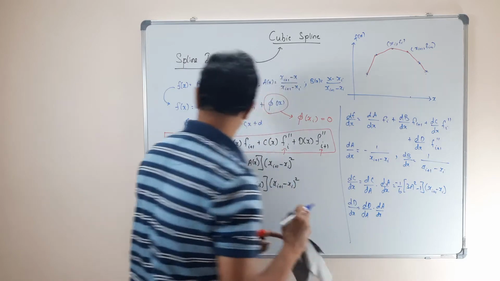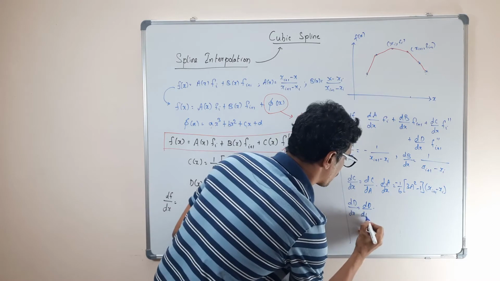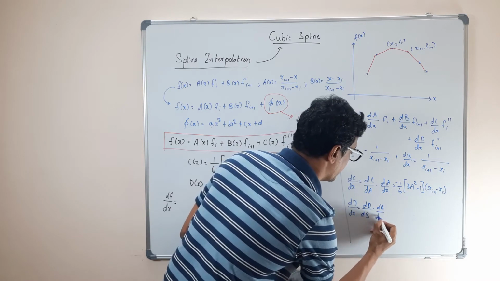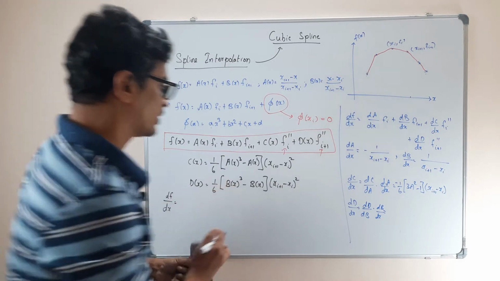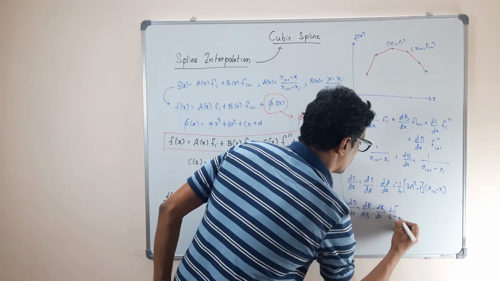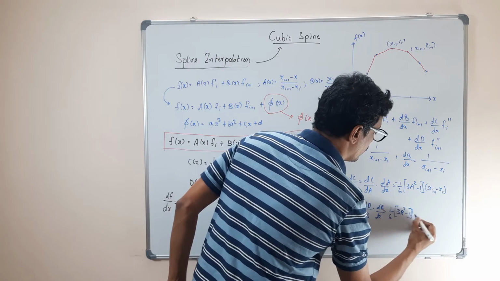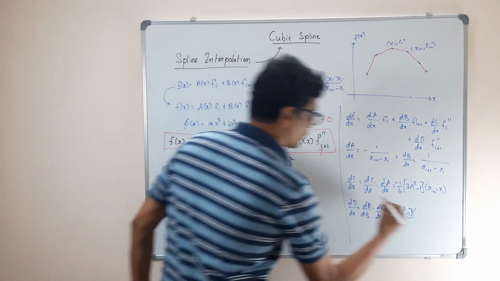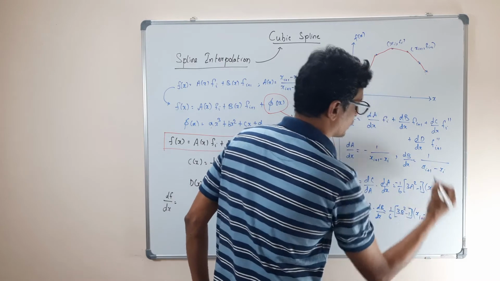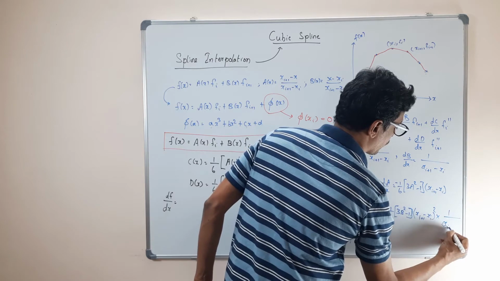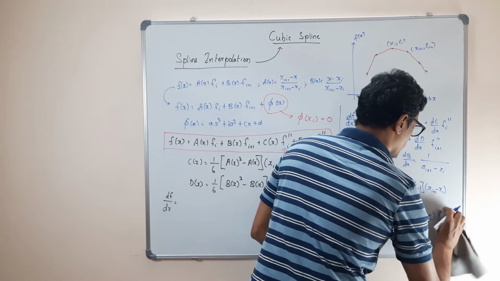Sorry, dB, D is a function of b. dD by dB into dB by dx, and dD by dB will be equal to 1 by 6 (3b square minus 1) into (xi plus 1 minus xi) whole square, into dB by dx, which is equal to 1 upon xi plus 1 minus xi. So this cancels off.